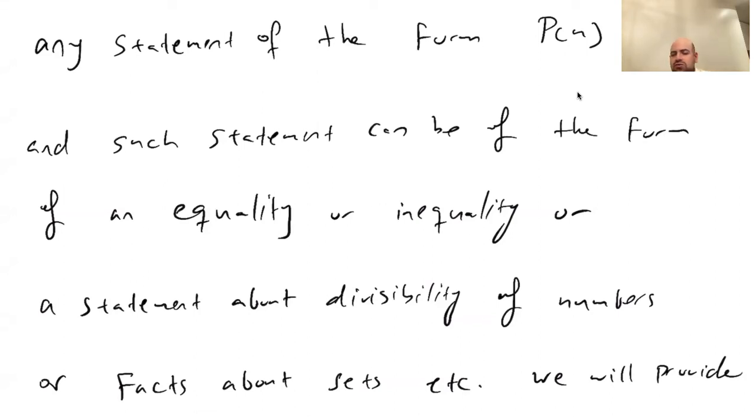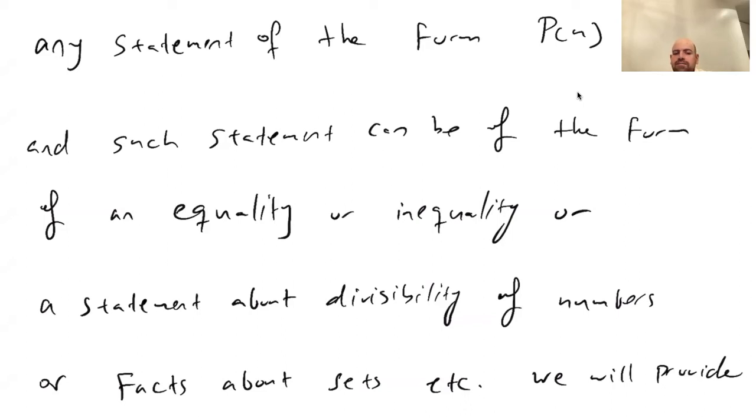You can also use mathematical induction there, because again, as long as you have a statement that you want to show is valid for a natural number n. But these specific types are mentioned in your book.